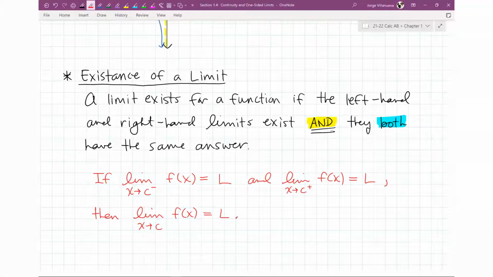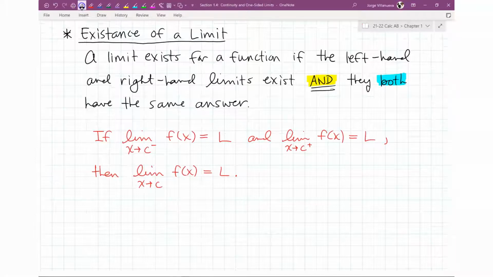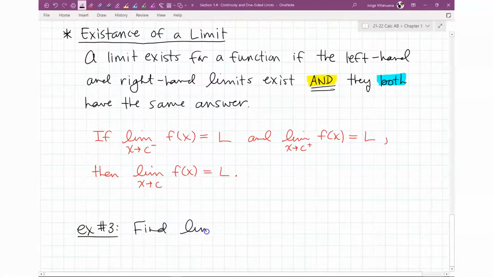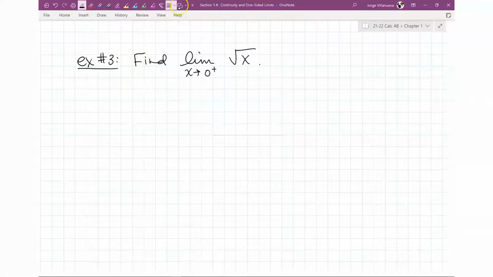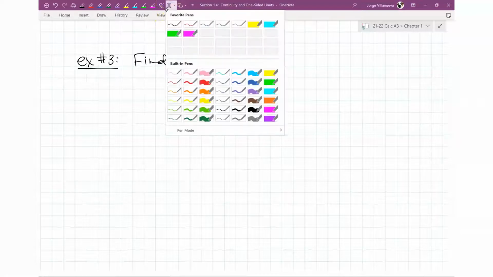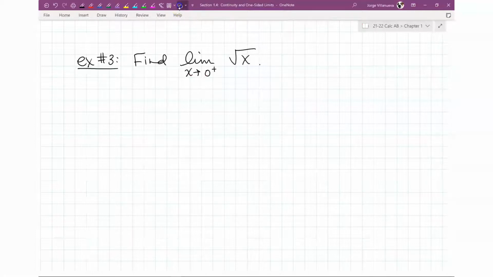Now, sometimes limits don't exist for both sides. An example of this is coming up. Find the limit as x goes to 0 from the right of radical x. I've got to see if I can make this a consistent size for this graph, but here we go.